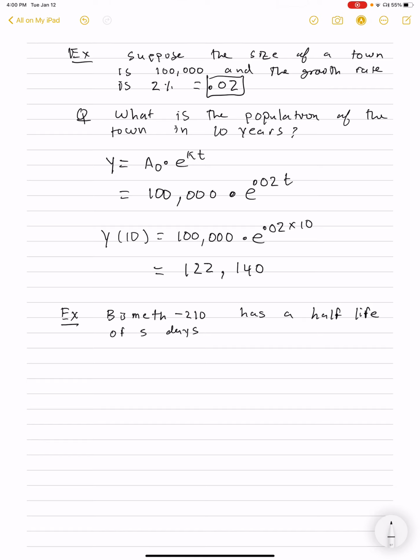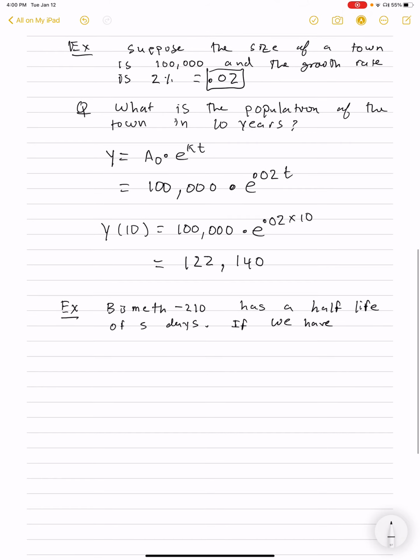And it says if we have 800 milligrams, find a formula for the remaining amount.